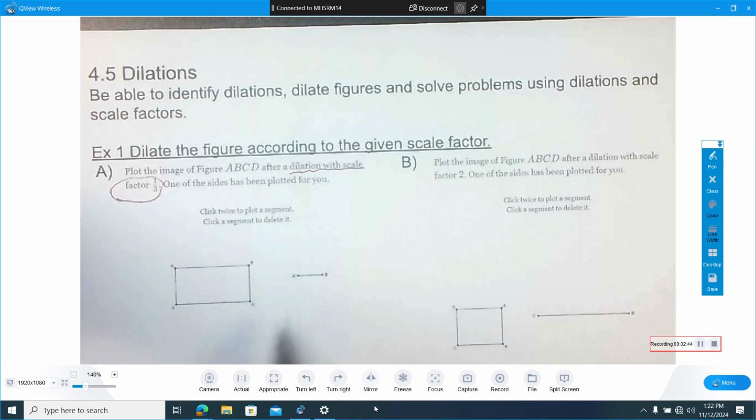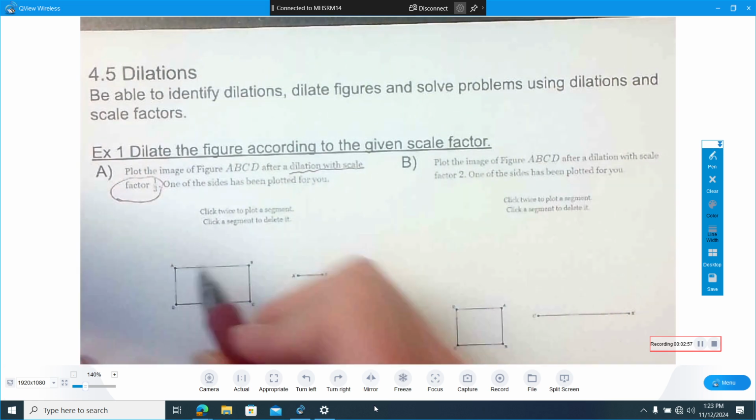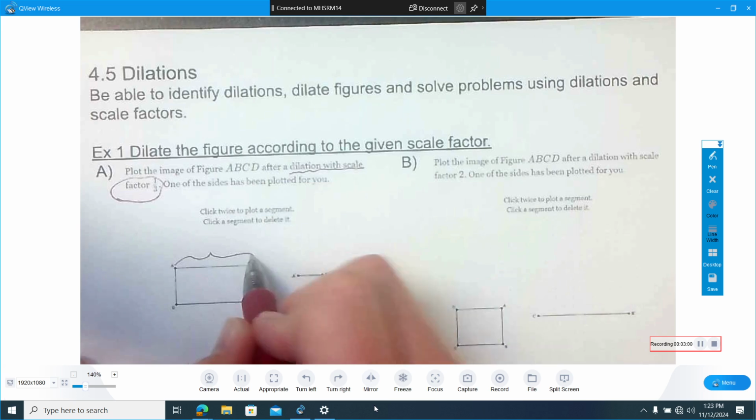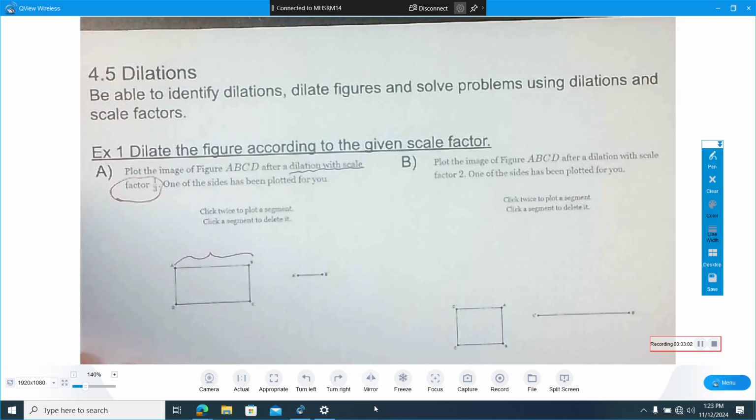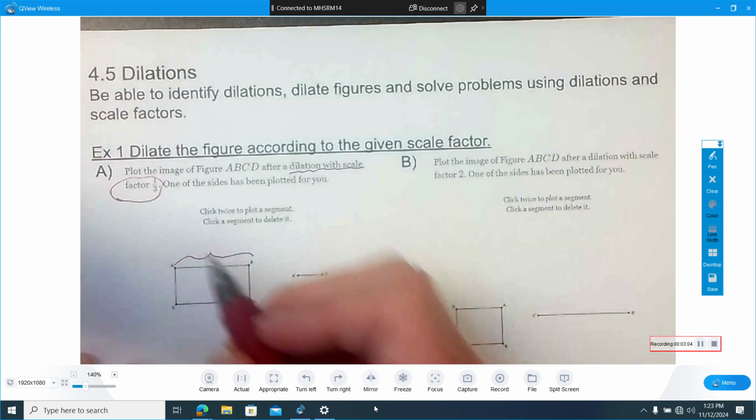Your figures will be more complicated than these rectangles here. You'll notice they're giving us A prime and B prime, which comes from the top of our figure here, A and B. What we need to do is see how long this segment AB is. It is 6.